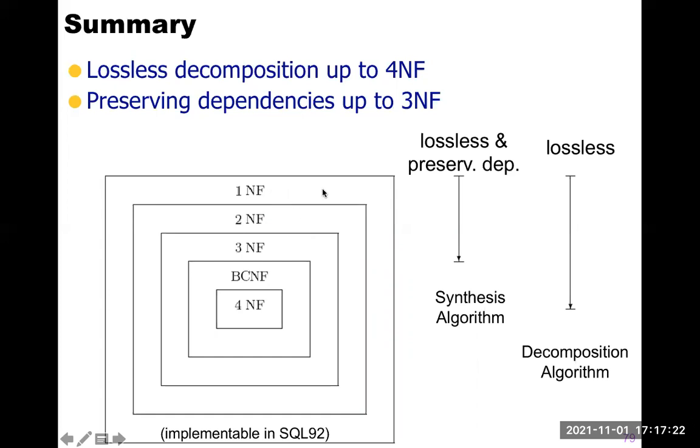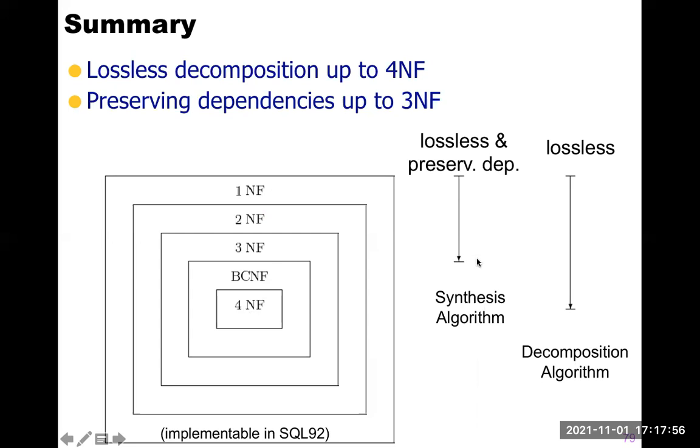Some tables only conform to first normal form. Some conform to second, some to third, some to Boyce-Codd, and some to fourth. So there's no intersection. We can't have tables that conform, say, to fourth normal form and second, but not third and Boyce-Codd. So that's a hierarchy essentially.